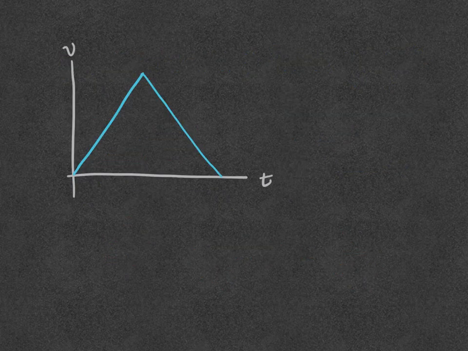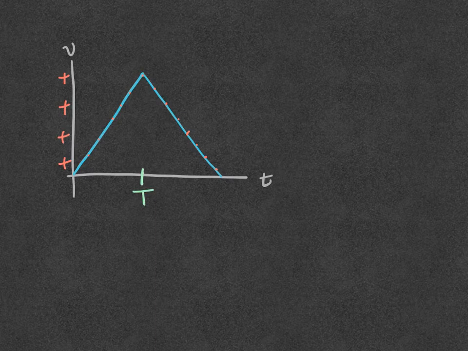So in this case, we have an object that's moving to the right because all of these velocities would be positive values. And even though this line looks like it's going down, it's actually still just positive velocities. So at the time here, I'll use a capital T for that time there.